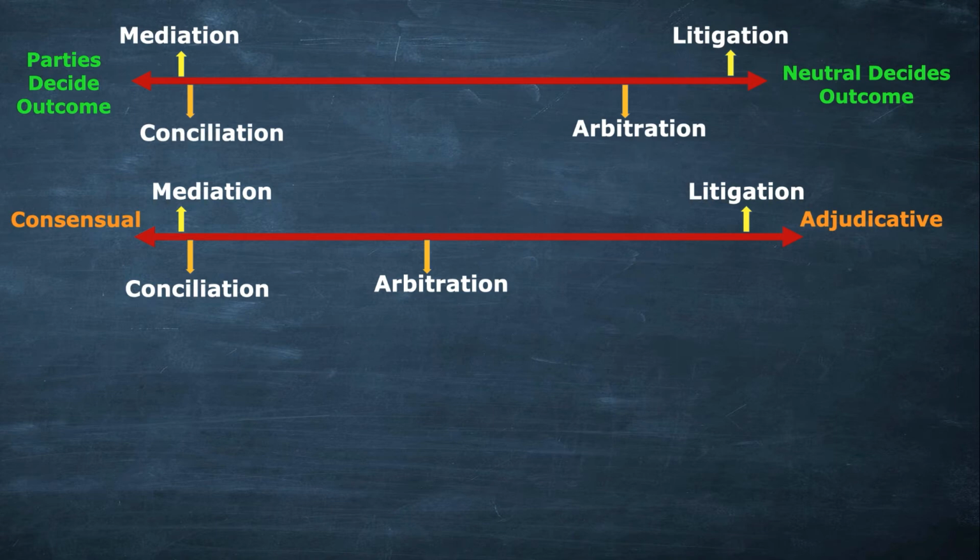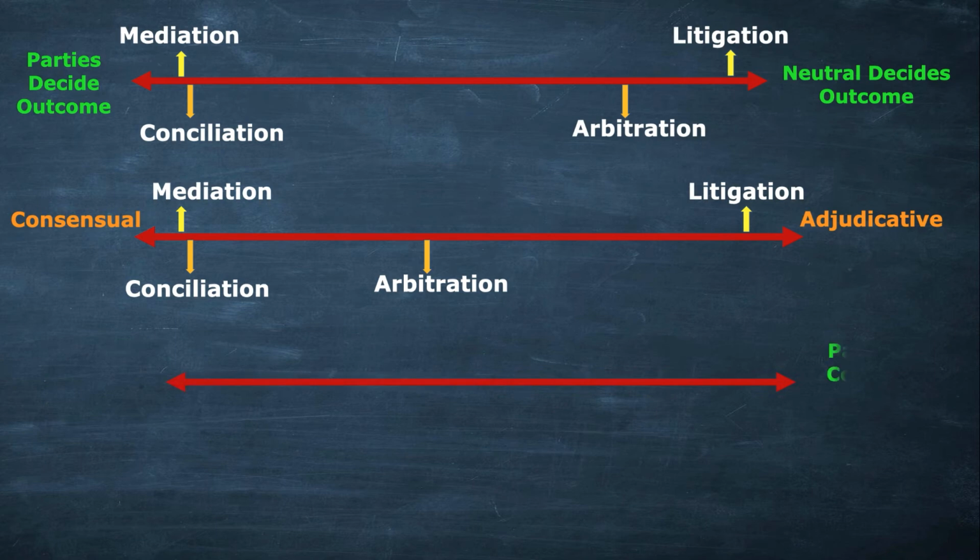It is again a little towards the right in comparison to mediation, because as we have discussed, the conciliator has a little more active role, so the conciliator influences the decision of the parties as he suggests or gives some solution. Though it is a different story whether parties accept that or not, the conciliator suggests. So in comparison to the mediator, it is a little towards the right.